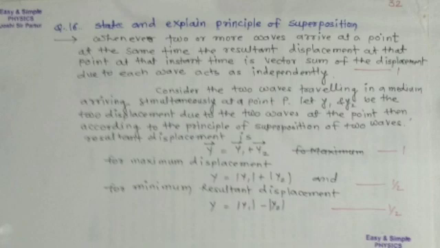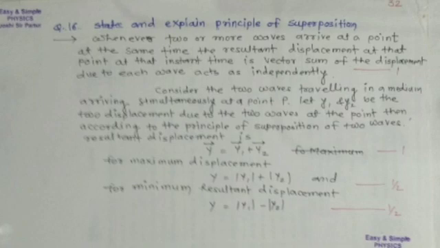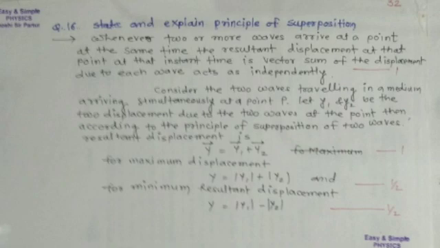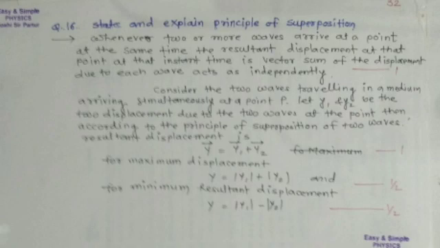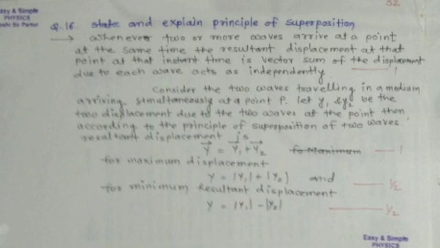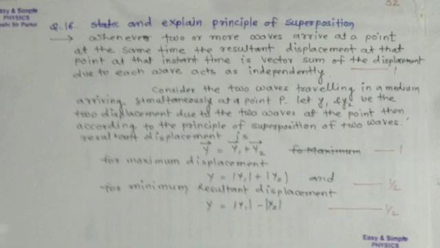Then, according to the principle of superposition of two waves, the resultant displacement is vector y equals vector y1 plus vector y2. For maximum displacement, y equals mod y1 plus mod y2, and for minimum displacement, y is equal to mod y1 minus mod y2.